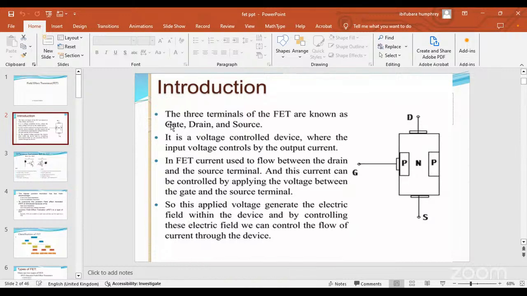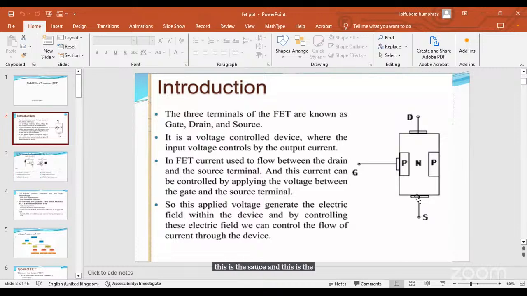If you look at it in the light of FET, we also have 3 terminals: gate, drain, and source. Like I said before, FET is a voltage controlled device where the input voltage controls the output current. In FET, current flows between the drain and the source terminal. This is the gate, this is the source, and this is the drain.